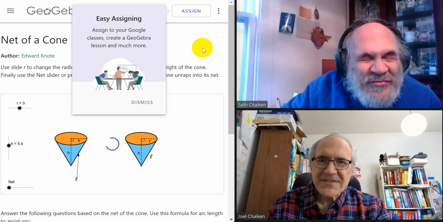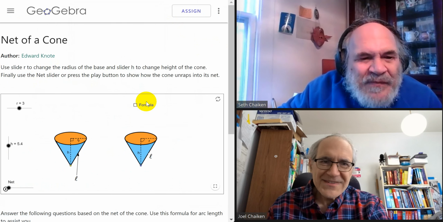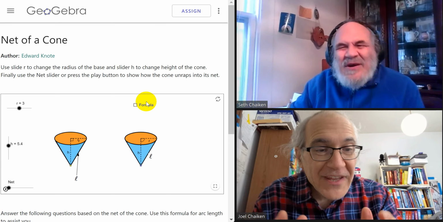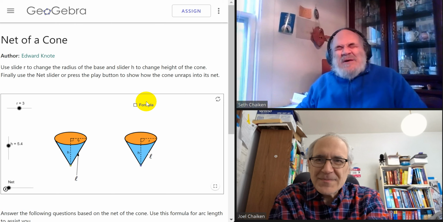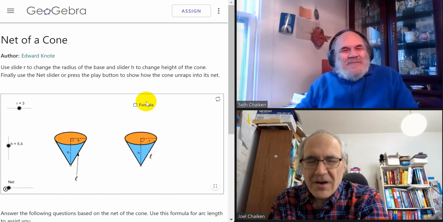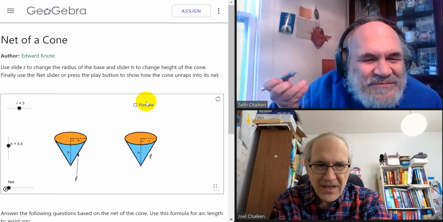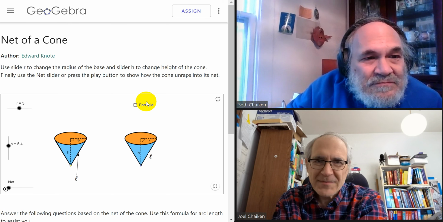So it's GeoGebra.com. Seth, it's on the screen. Oh, you don't see it? Trust me, it's on here. It's called GEO and then GEBRA. You don't have to write it on the sideboard because people see my screen.